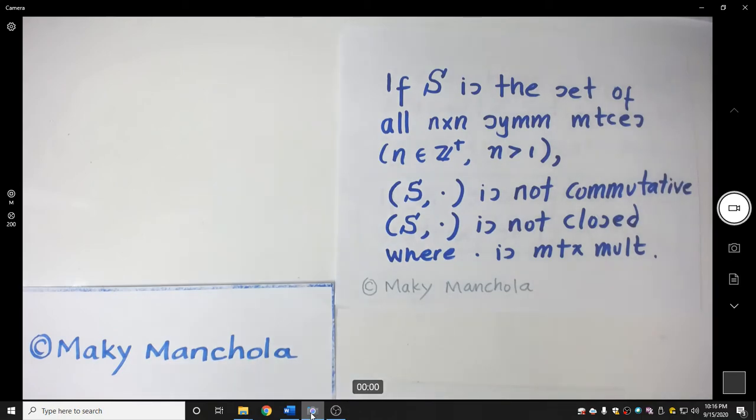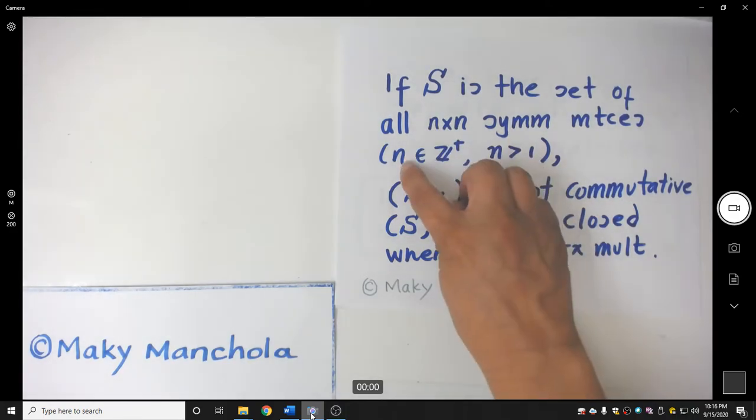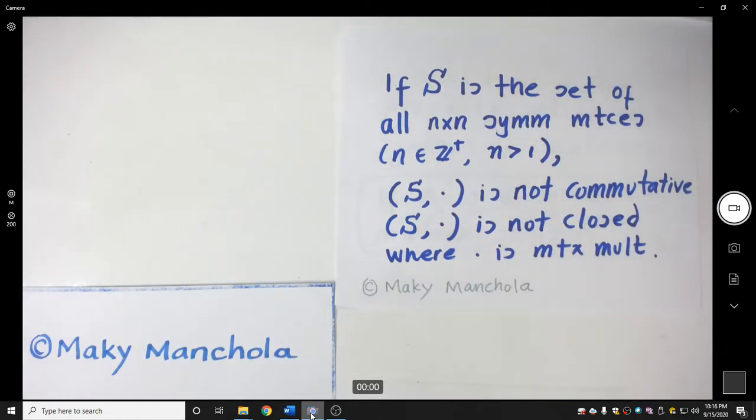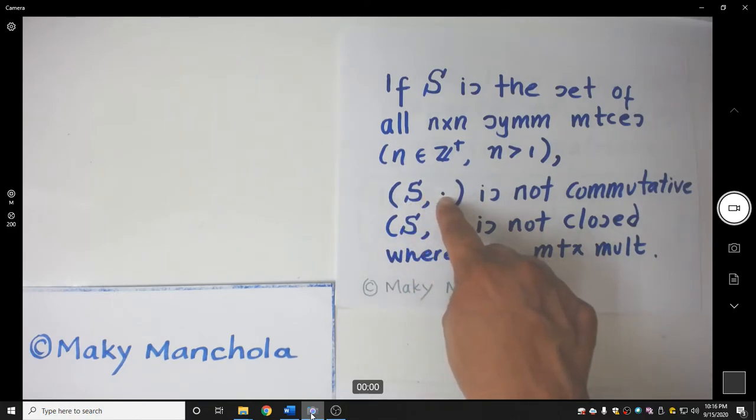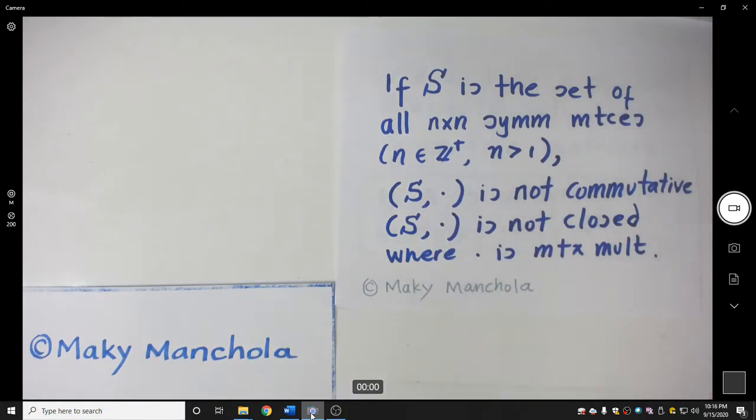Okay, so here is a summary. If S is the set of all n by n symmetric matrices, where n is a positive integer greater than 1, from our examples we see the following. The structure S with multiplication of matrices is not commutative.